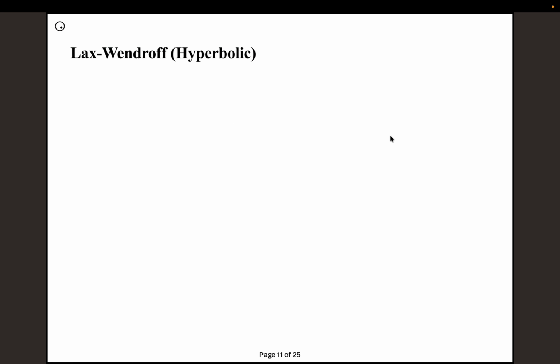And then we have the other method, the Lax-Wendroff. If you recollect, for the same equation, how did we derive the Lax-Wendroff?